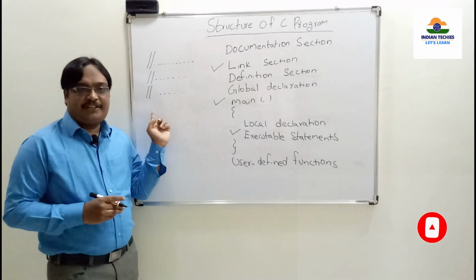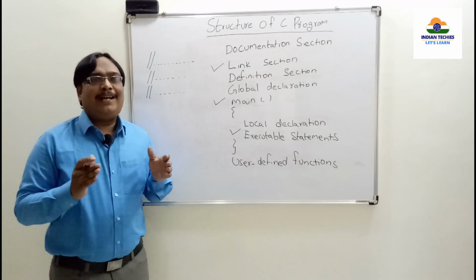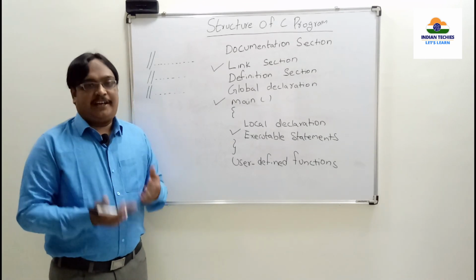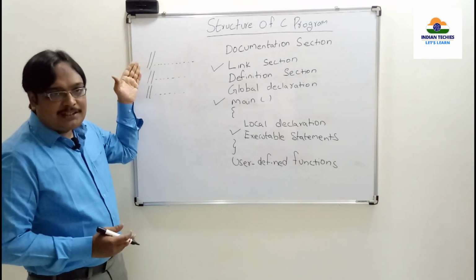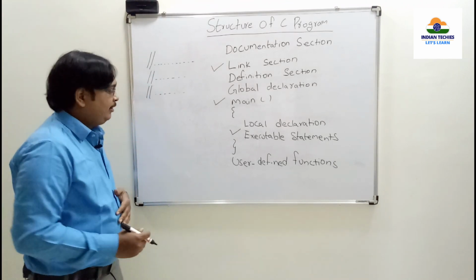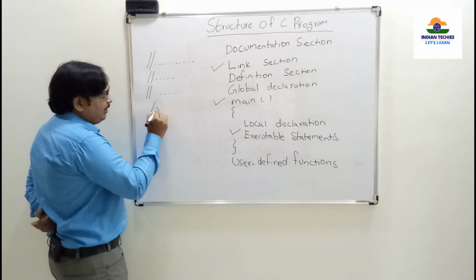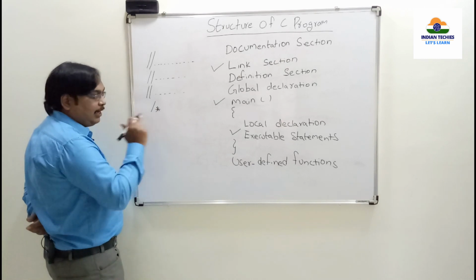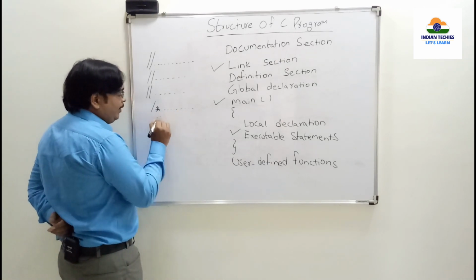Then we will have another doubt: sir, suppose I have 10 lines of explanation. Then how do I write? Do I need to write two forward slashes at the start of every line? No. You have one more option. You can start with slash star, forward slash only, then the star symbol, and write whatever explanation, as many lines as you want.